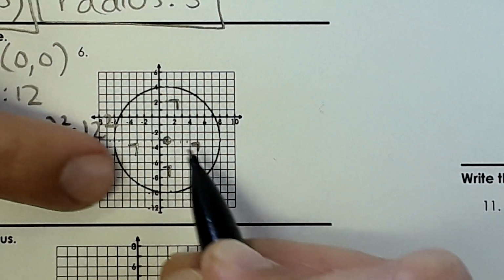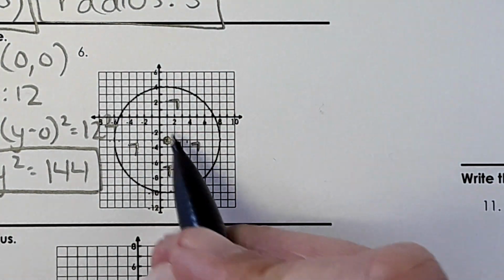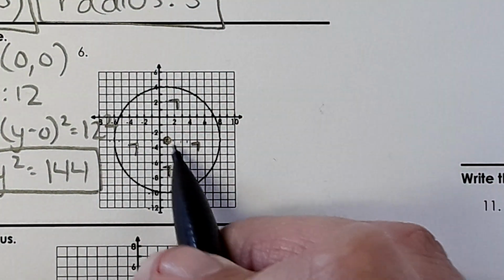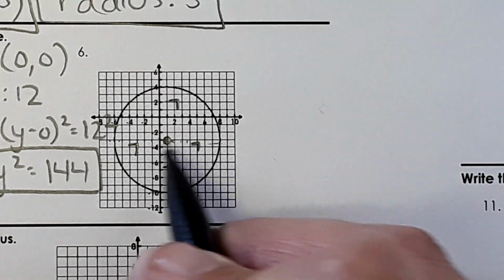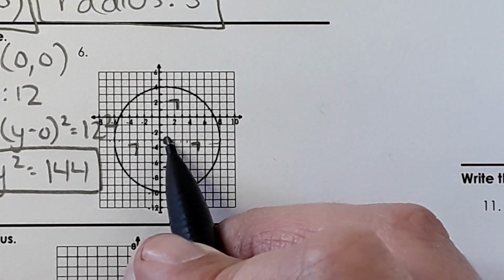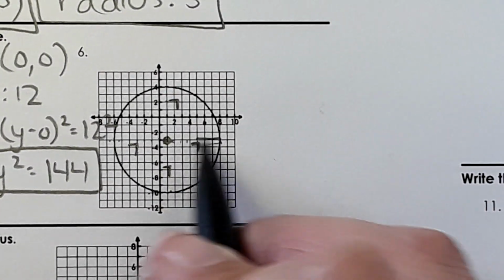Okay, so I counted all the way around, or you could use the coordinates here to figure it out. It's 7 units. This point right here is 7 units from the sides. So this is definitely the center, and then the radius will be 7.